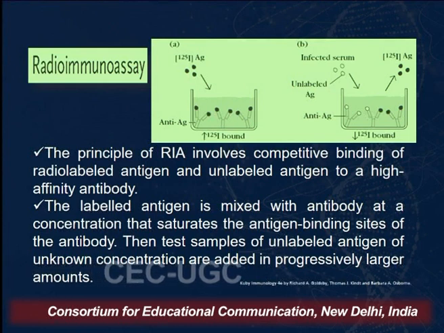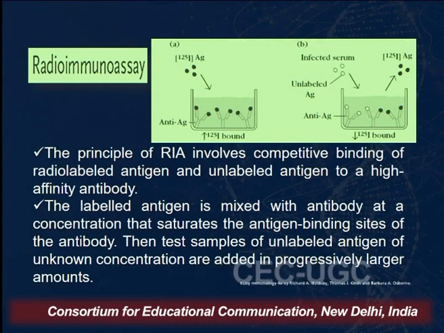Now in this technique, what is determined is the competitive binding of the radiolabeled antigen and the unlabeled antigen to a highly specific, high-affinity antibody. We can see over here in the well, there is a presence of the antibody.